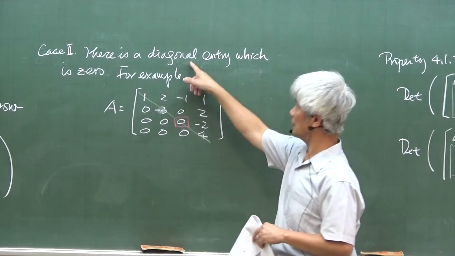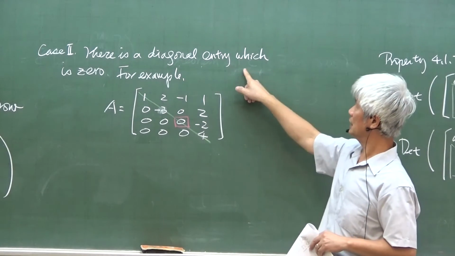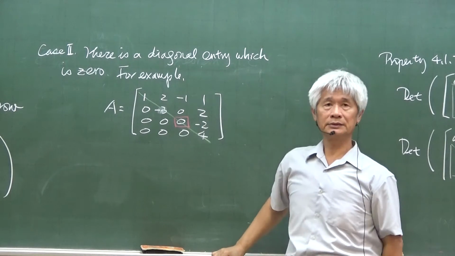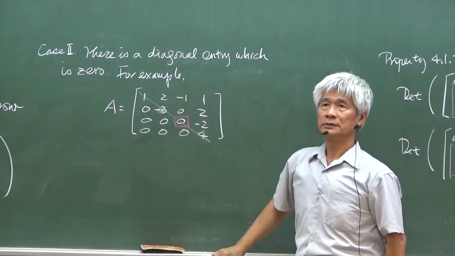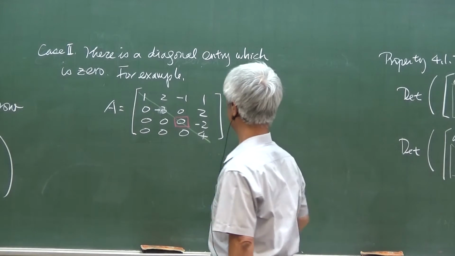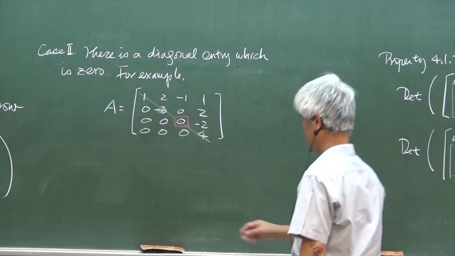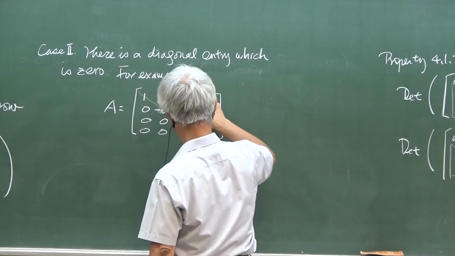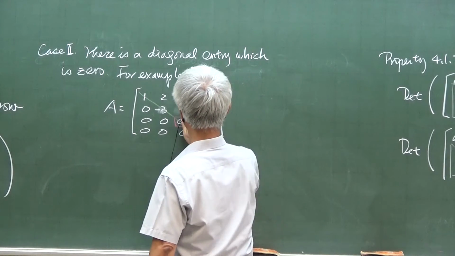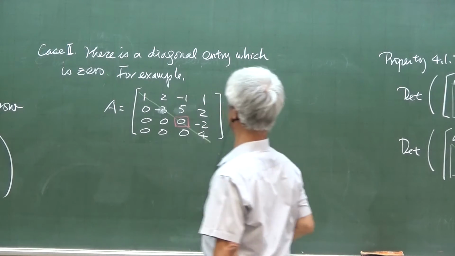So there is a diagonal entry which is 0. Maybe I change it a little bit. Say 1. Okay, maybe it's better.